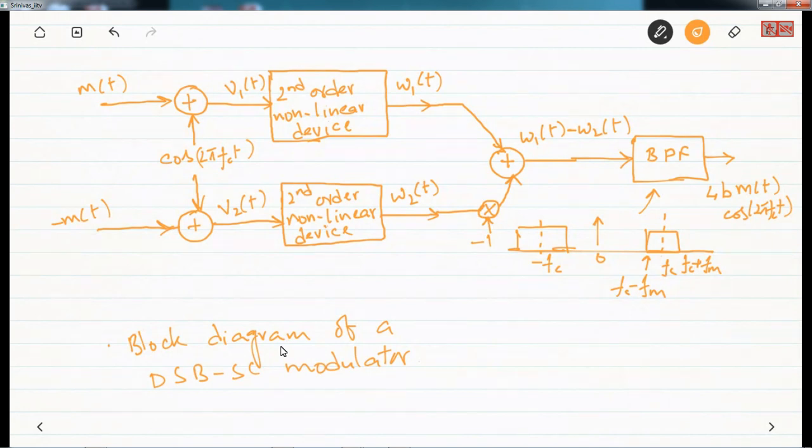You can simply put a minus sign here, right? In some of your block diagrams in other courses you will do that, but it's up to you, whatever you want to do. So there is one adder here, second order nonlinear devices, and then we got W1 of t, W2 of t, and then the resultant, and then it is sent to a BPF, band pass filter, and the output is this. So this is our desired output. Okay.